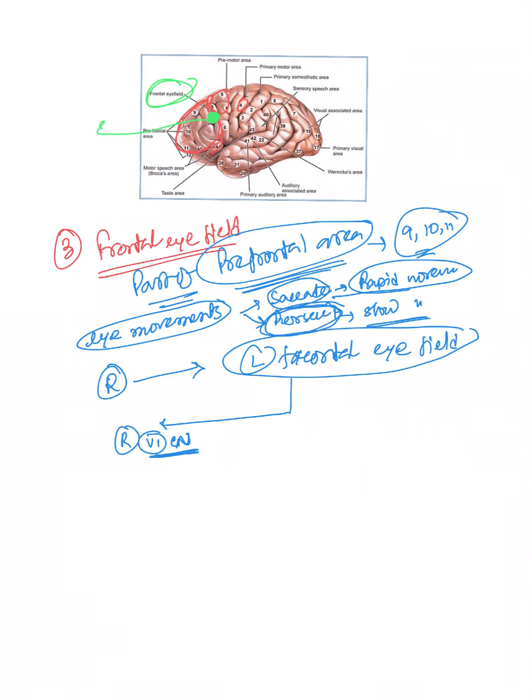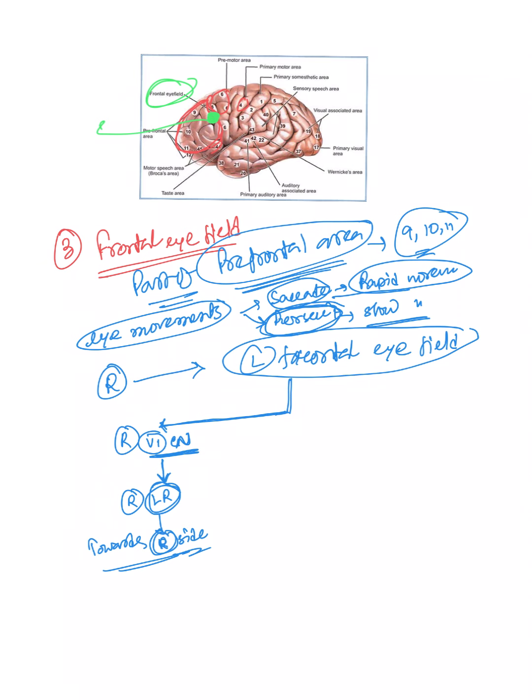The sixth cranial nerve nucleus will stimulate the right lateral rectus, and the right lateral rectus will help you to gaze towards the right side. Clear?